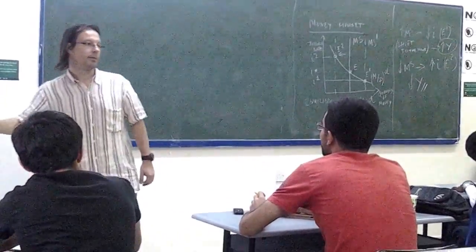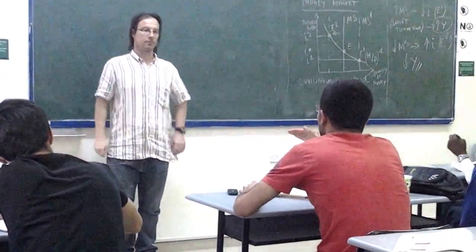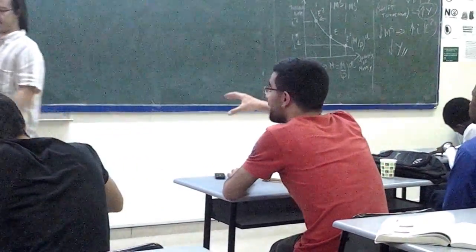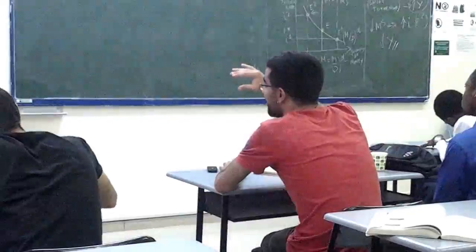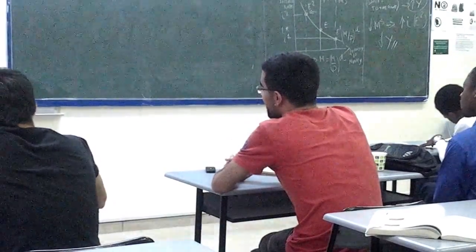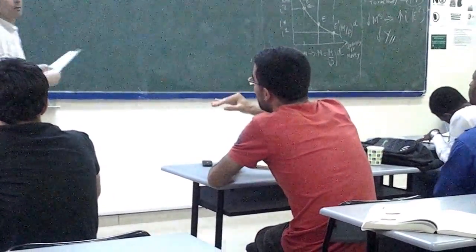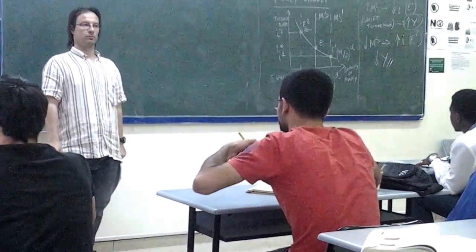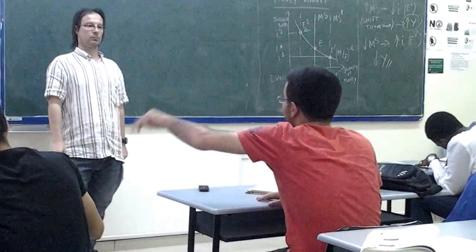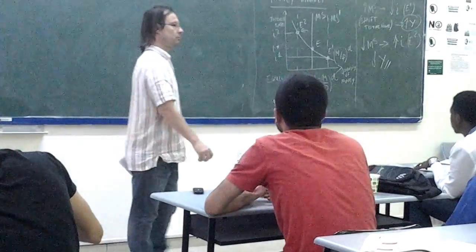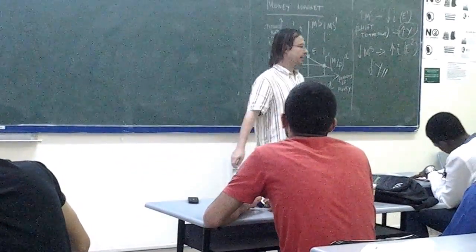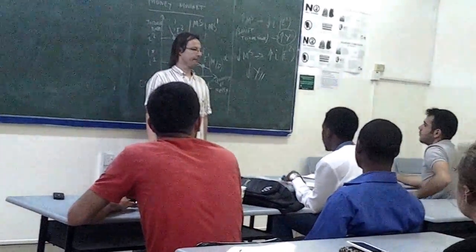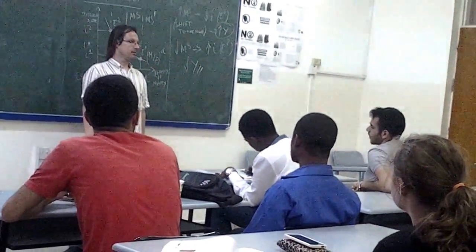If the interest rate is high, you will want to save your money in the bank, and if the interest rate is low, you will get credit and consume or invest. Any proof? Any data? When the interest rate is high, you don't want to borrow money from the banks because you have to pay back more money.